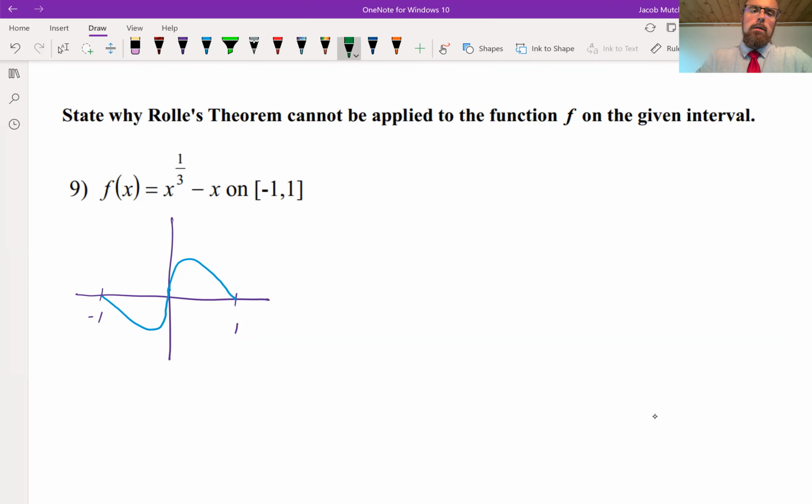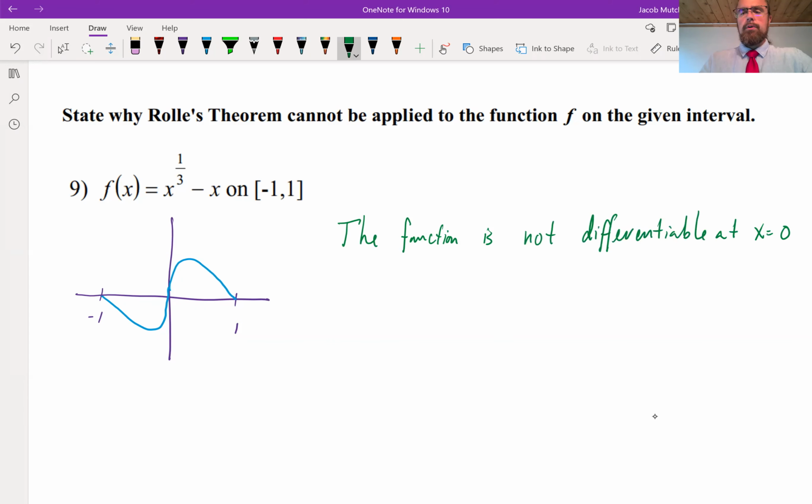So the function is not differentiable at x equals 0 because the value of the derivative at 0 is infinite.